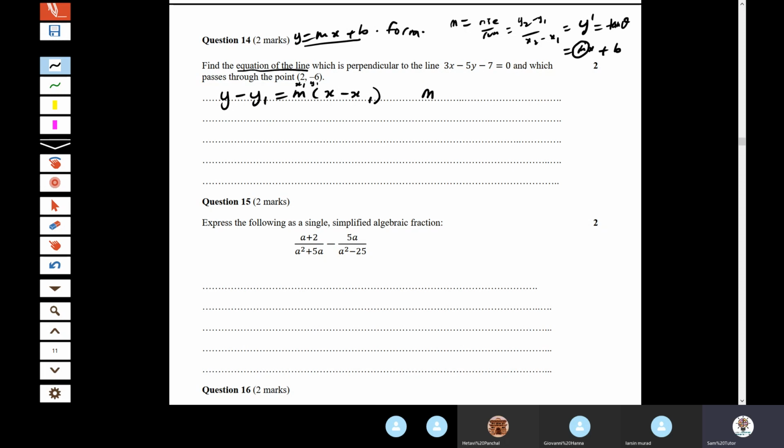So move this over. You're left with 3x minus 7 equals 5y. Divide by 5. So the gradient of your, let's call it your tangent, is 3 on 5, which your perpendicular one, which we call normals, is the negative reciprocal: negative 5 over 3.